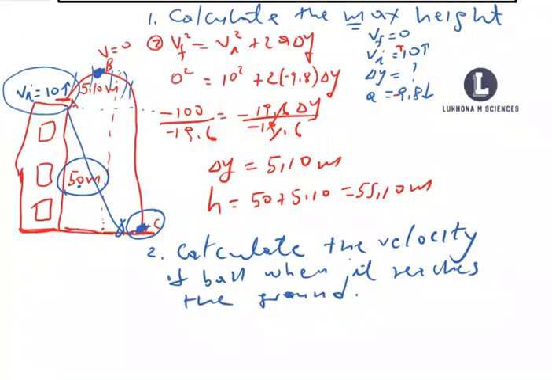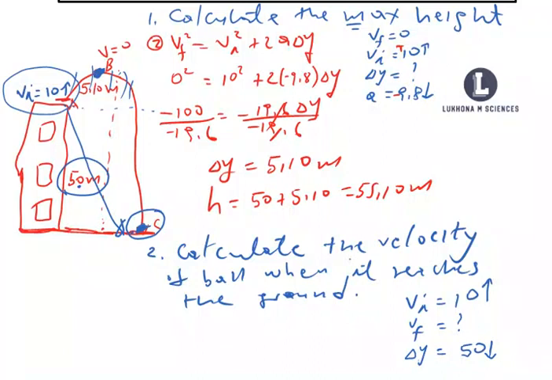So let's collect the data. We have the initial velocity that was given, which is 10 upwards. Then we are looking for the final velocity, that is the velocity at C. We have delta y, that is our height there, which is 50, and this 50 is below the starting point, which means go downwards.